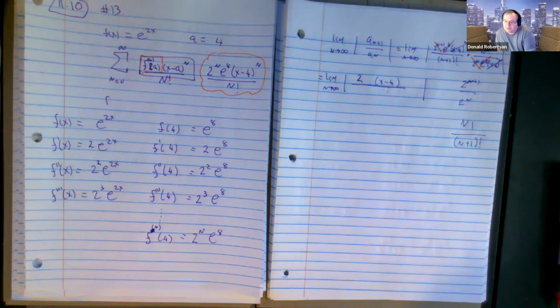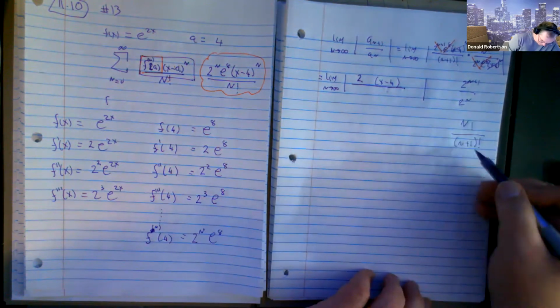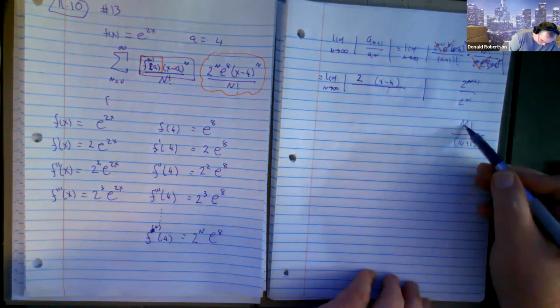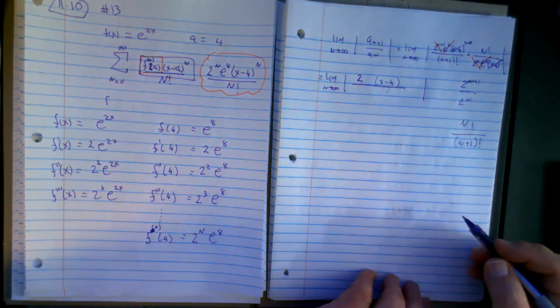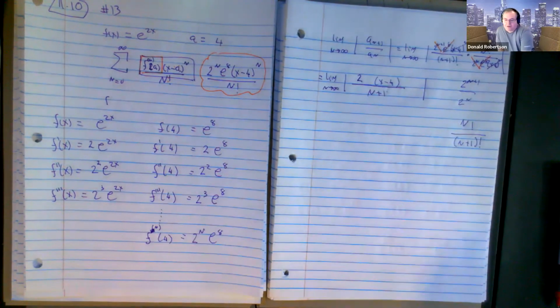They do cancel. What's left and does it go in the top or the bottom? It would be the n plus 1 on the bottom. Okay. Are you all comfortable about the bits that are left over here in this question?